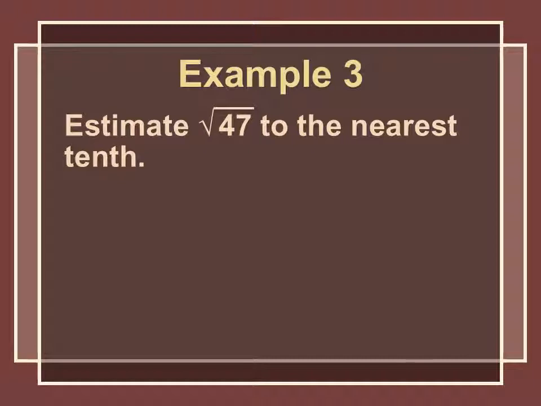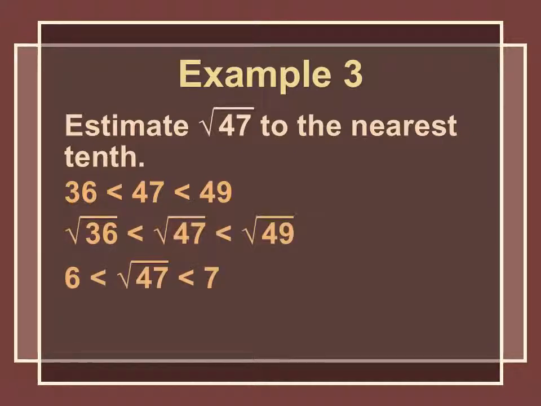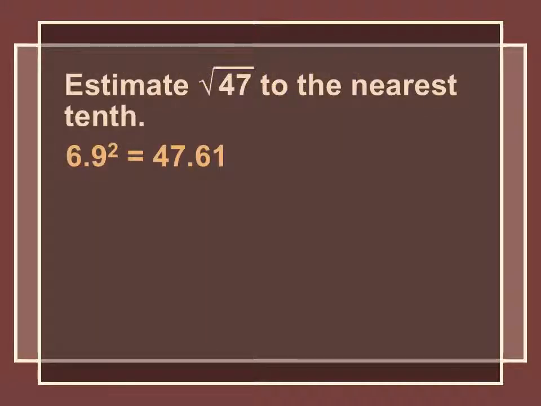Let's try another one like that. Let's do the square root of 47. So I know that 49 is a perfect square, and I know that 36 is a perfect square, which means that the square root of 47 is between 6 and 7. So I just need to narrow it down. Let's start with 6.9. 6.9 squared is 47.61. That's 0.61 off from 47.